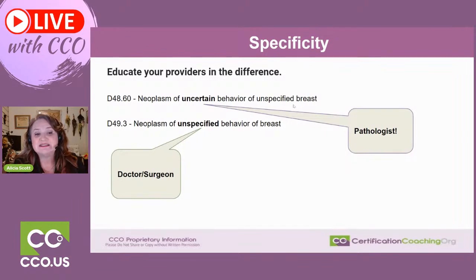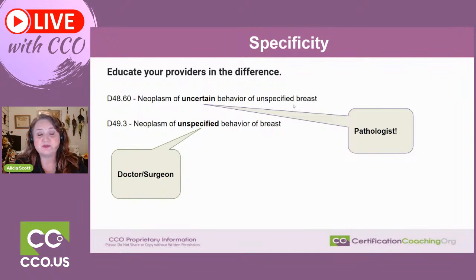So, unspecified is a diagnosis that a doctor or a surgeon is going to give to a neoplasm. What we see them do too often is use the uncertain behavior code. That can only be diagnosed by the pathologist.